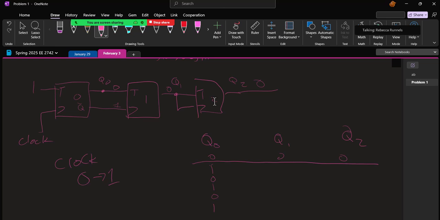No, it's 1, and it's not going to 1. It's going to 0. So it's not going to change. If the clock doesn't activate, then nothing happens. And here, this 0 is not changing. It's just 0, so it's not going from 0 to 1.